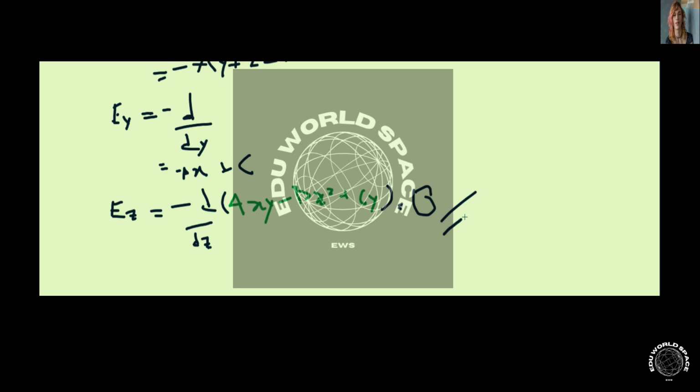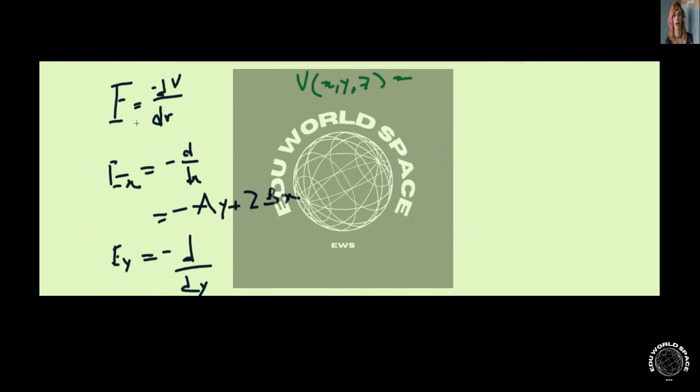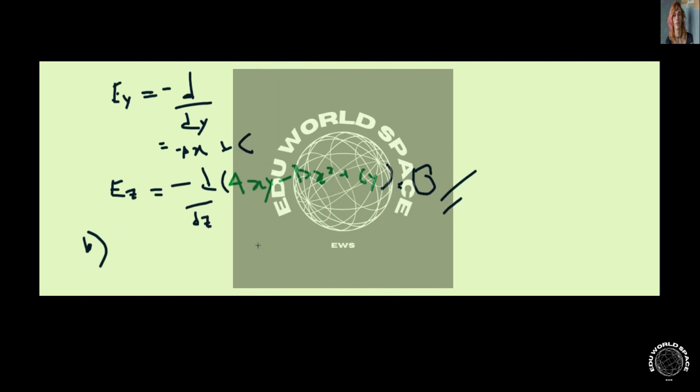And now for part B. For the electric field to be 0, each component of the electric field must be 0. So that means all these components must be 0: Ex, Ey, and Ez, which is already equal to 0.